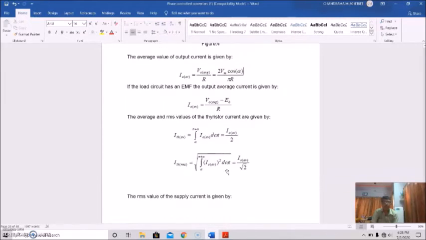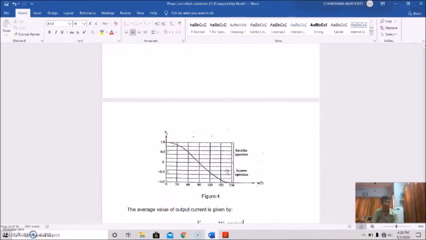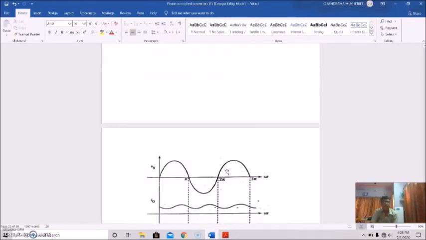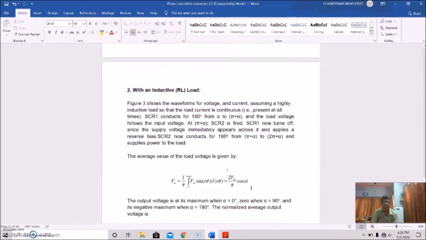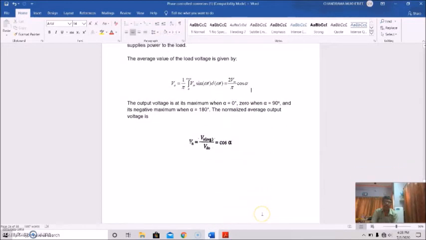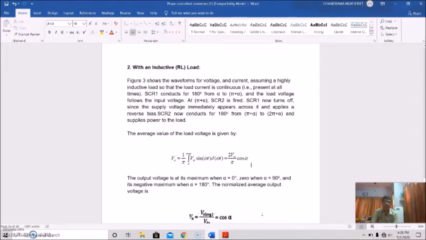So once again, if we repeat this one, going to the waveform, we are finding that the voltage and current are taken with a highly inductive load, so the load current is continuous, present at all times.